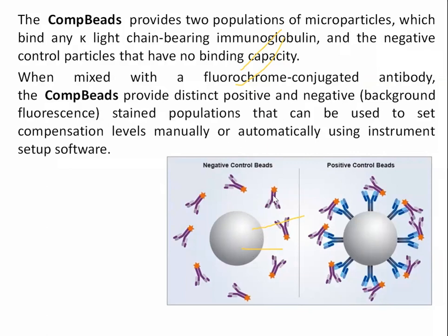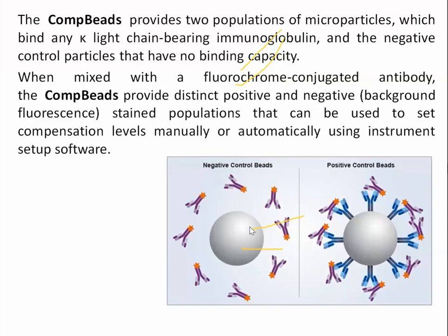So when you add any antibody, whatever markers we are speaking about are all antibodies, right? These antibodies have a kappa, so they will go and bind to the beads. Any antibody or marker you have in the lab, if you add it, will bind to the beads.